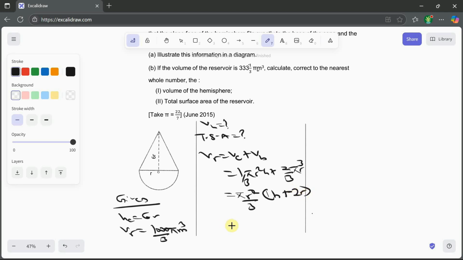Great. So this will be 1000 over 3 pi on substituting is equal to pi times r squared all over 3, open bracket, h is 6r plus 2r.